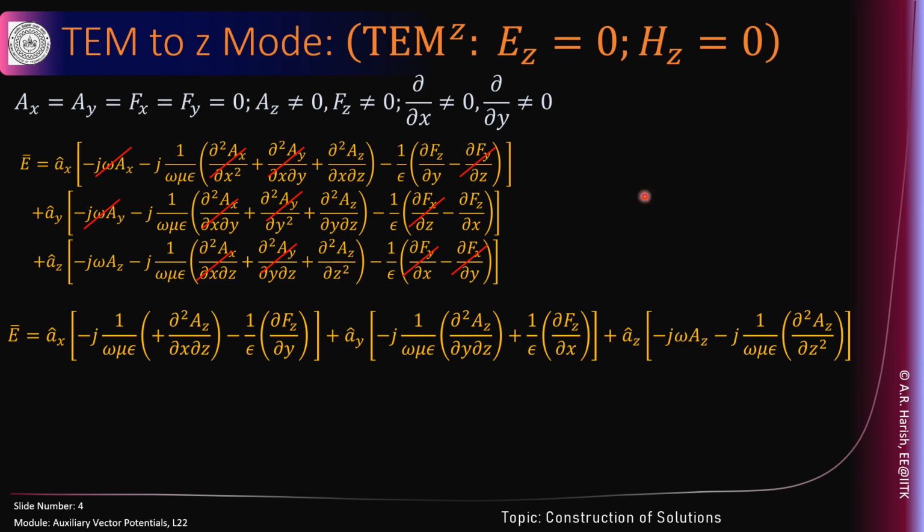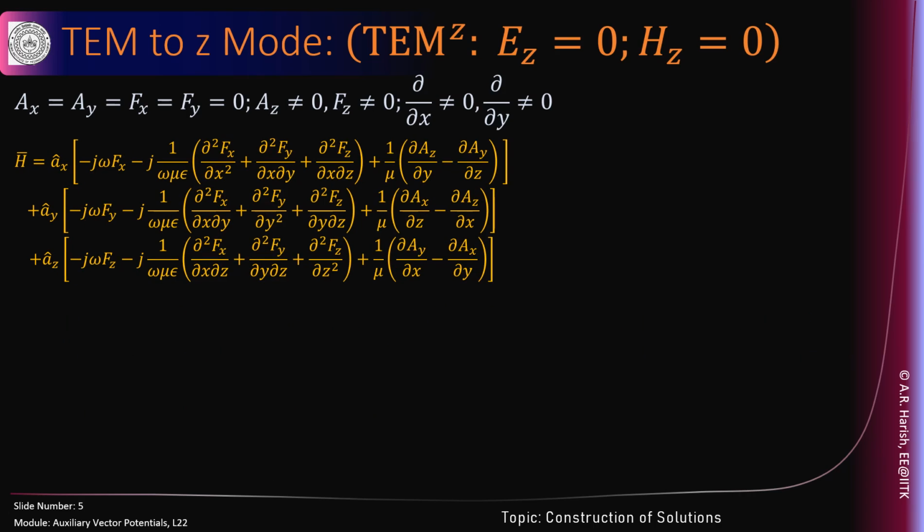So Ez will be 0 if we choose Az of the form Az plus, a function of x comma y, e to the power of minus j beta z, plus Az minus, a function of x comma y, e to the power of j beta z. This is the form we are going to be choosing. If we choose this form, then this quantity here goes to 0. Please verify that, convince yourself that it is indeed correct.